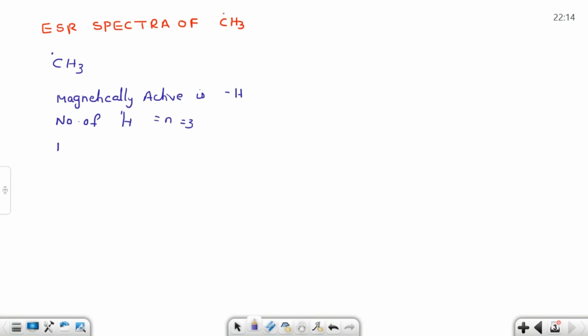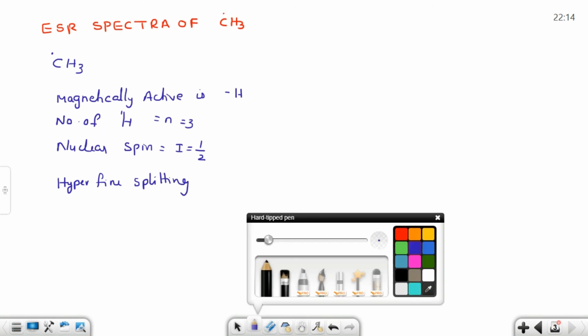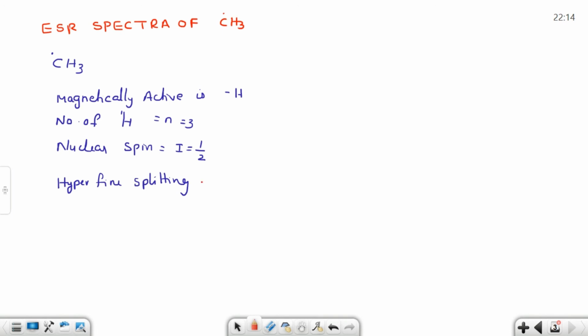Now the nuclear spin is I equal to 1 by 2. According to hyperfine splitting, the formula is 2nI plus 1.